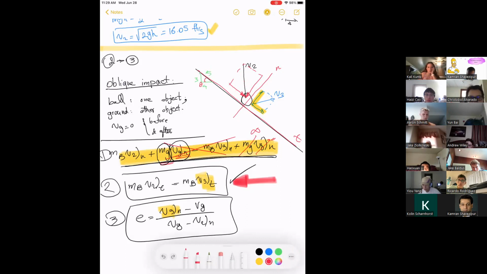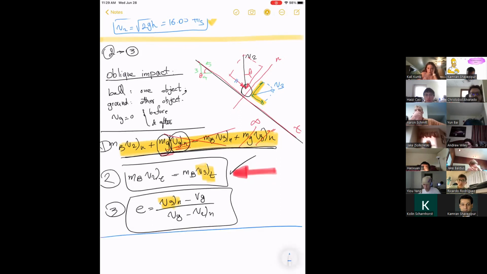So if this is theta, then the tangential component of velocity, which is this guy, I'm going to use equation 2. I can cancel out this m and this m because it's the same. So V2t, which is going to be V2 sine theta, and sine theta is 3/5, right?